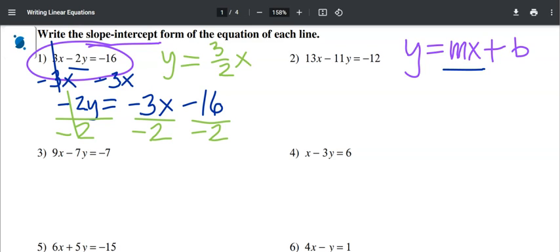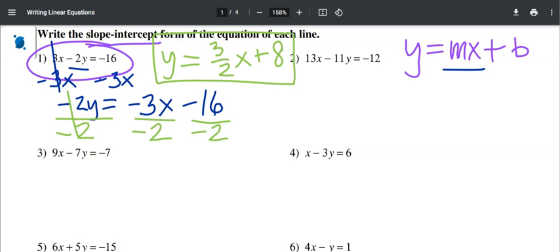And then I have a negative 16 divided by negative 2, which is a positive 8. So that is my slope-intercept form of an equation when I manipulate this equation and get the y by itself.